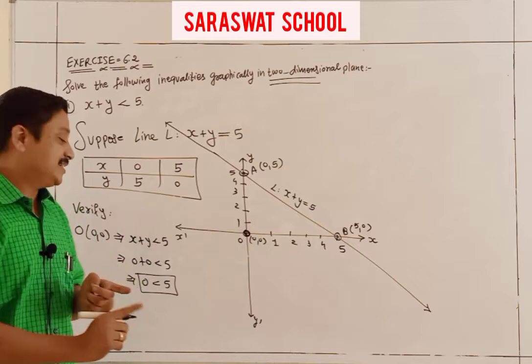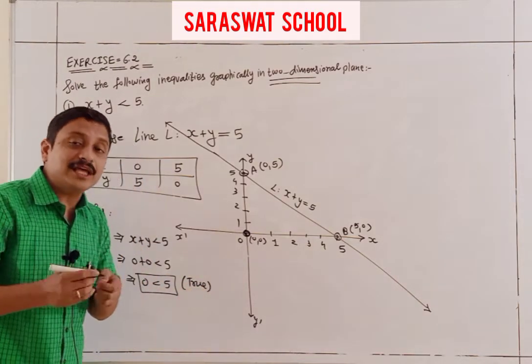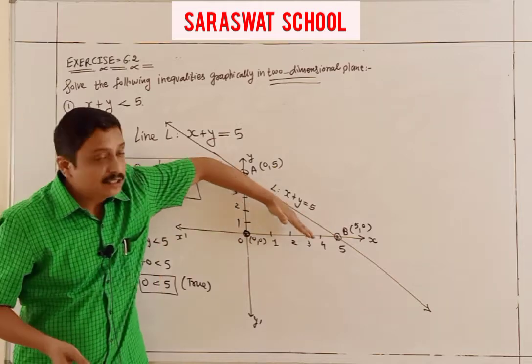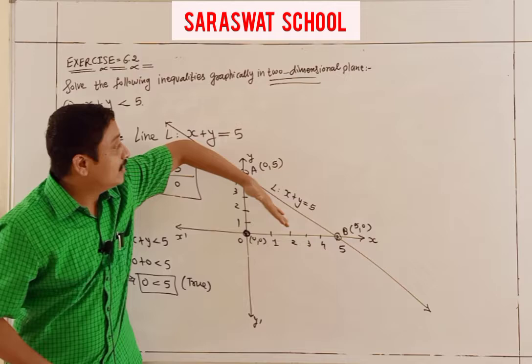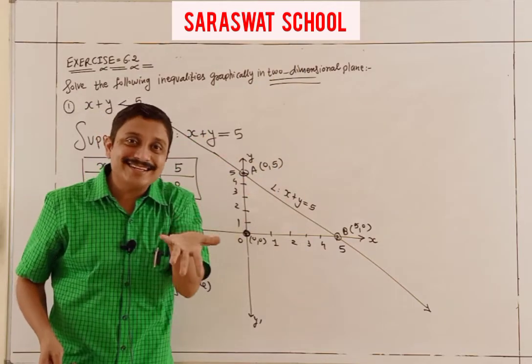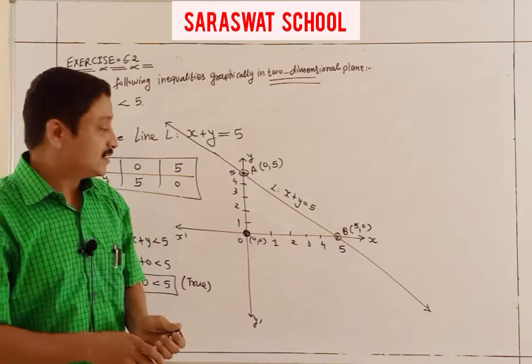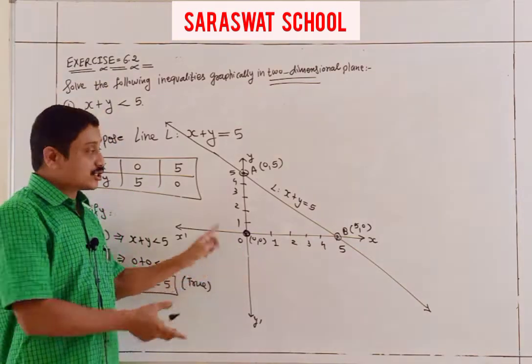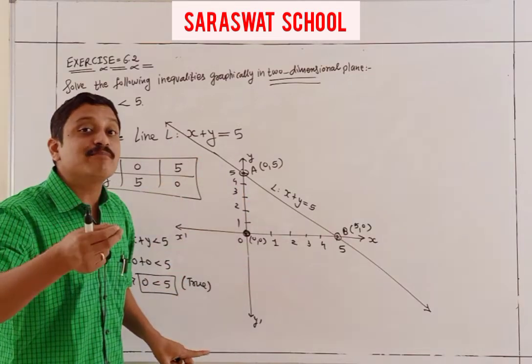Yes, it is true. If it is true, then you shade the side containing that point. If it is false, then the other side. It's very easy. So the shading is on the true side. This is true, it means your shading is the lower half plane.